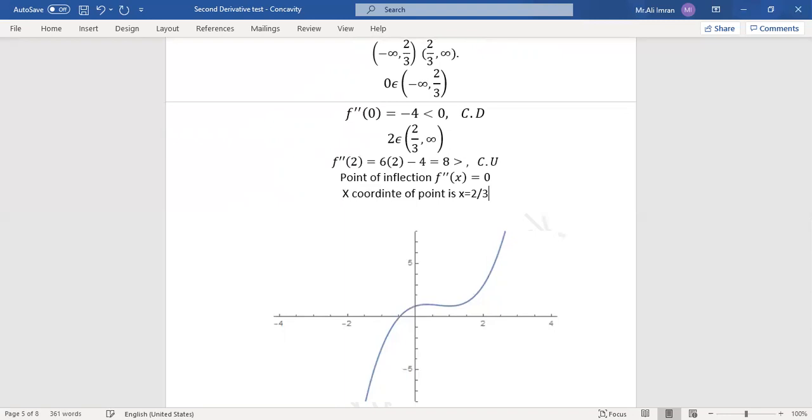This is the point of inflection. At the last, we have to find the graph. This is the graph of the function. We see that this is the concave upward graph and this is the concave downward.